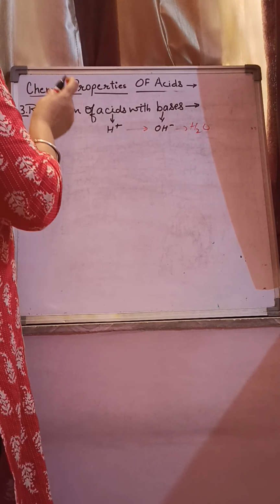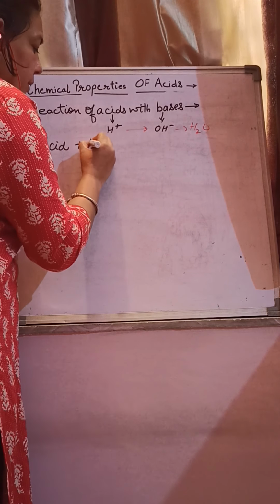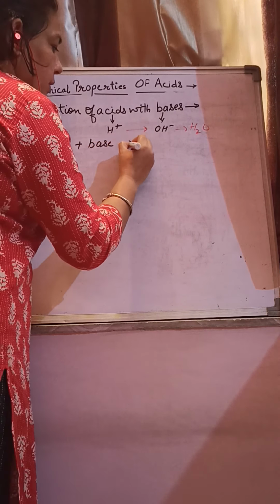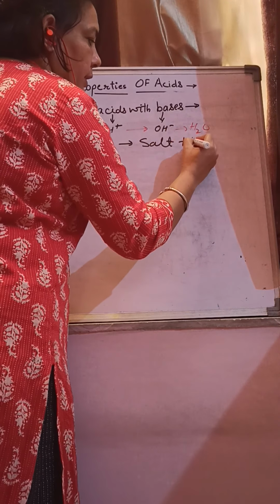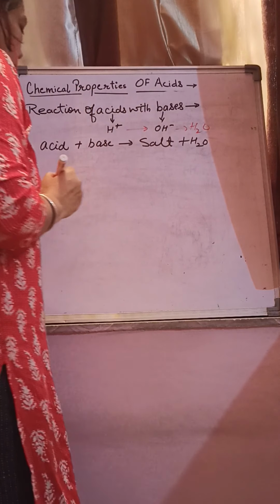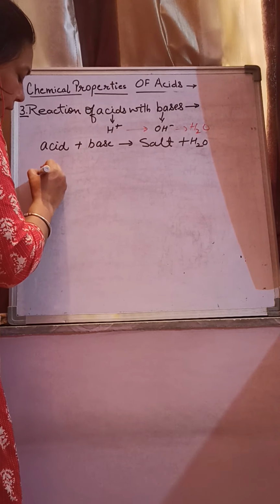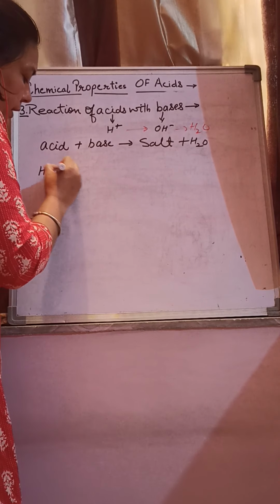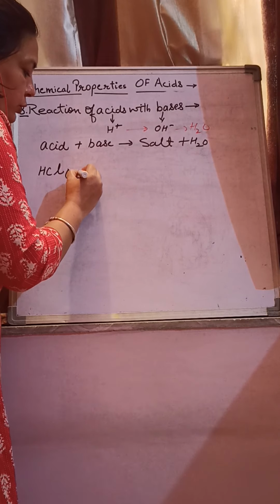Let us discuss this reaction. Acid plus base, there is a formation of salt and one product is fixed, that is water. Let us take an example of an acid. You can take any mineral acid, HCl, hydrochloric acid, aqueous solution of hydrochloric acid.